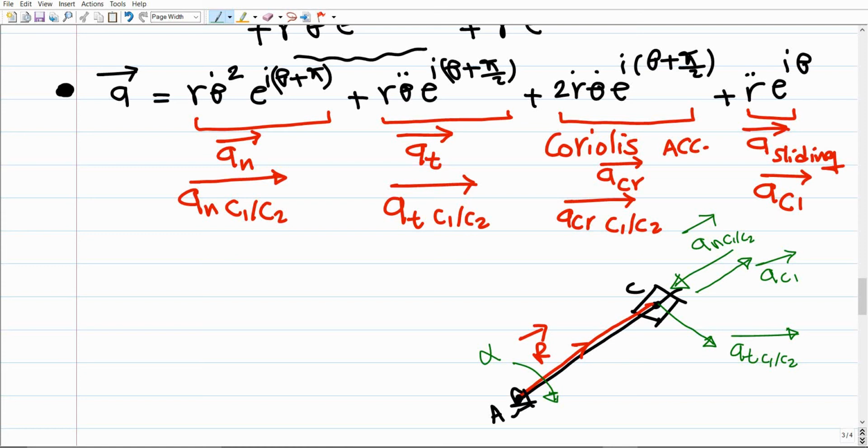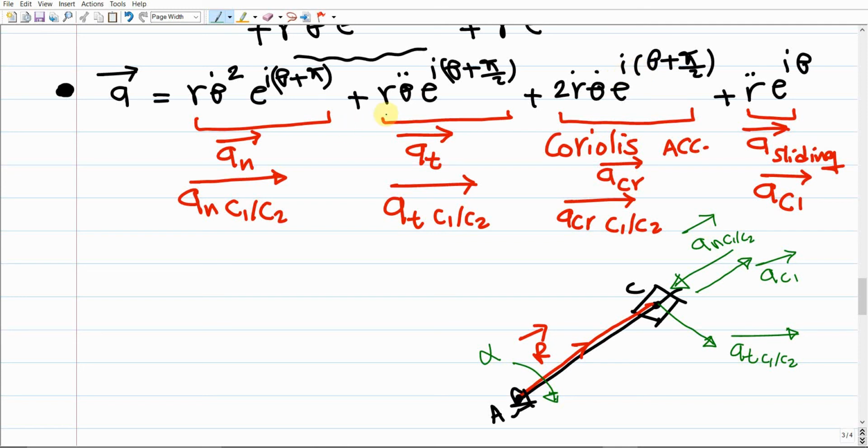The direction of the Coriolis acceleration depends on the direction of the linear velocity and the angular velocity, because it depends mainly on these two components. And this shift of pi over 2 is added over the direction of the velocity, not over the direction of the position.